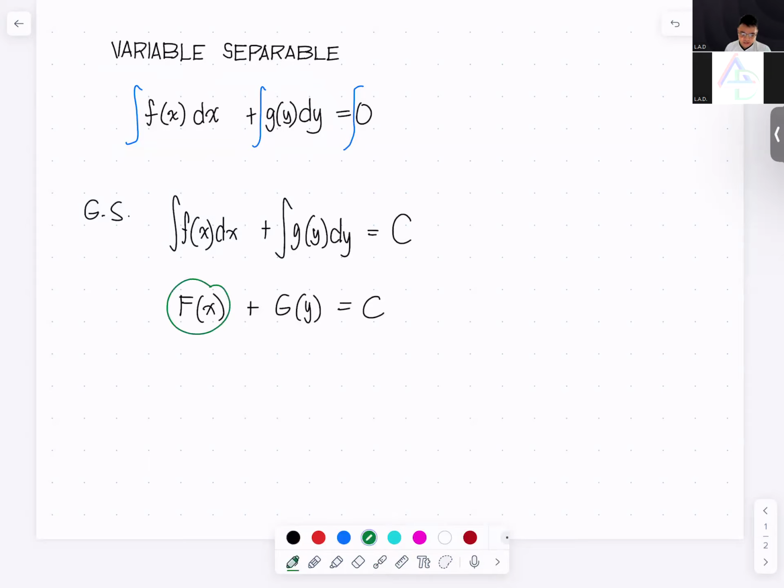So some function of x plus some function of y equals the arbitrary constant. This is actually the only part wherein you will apply the concepts of differential equations. All other parts of the solution are plainly a review of your integral calculus and algebra.